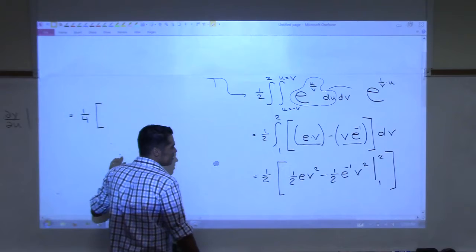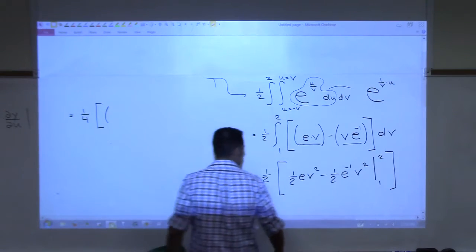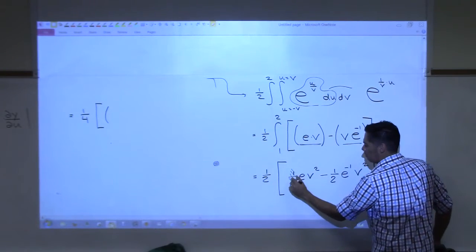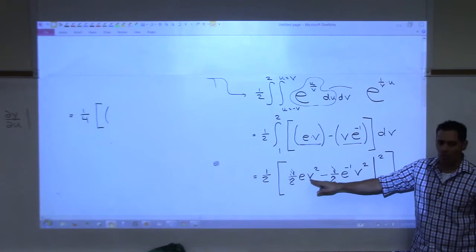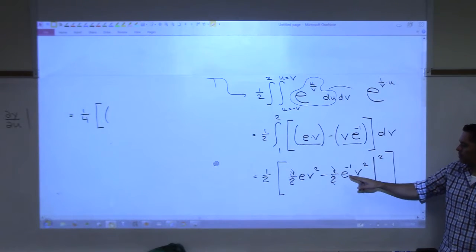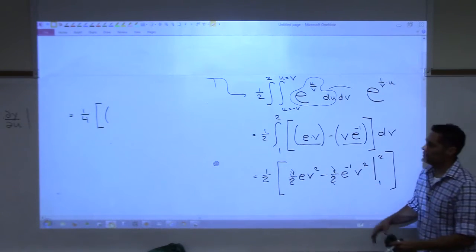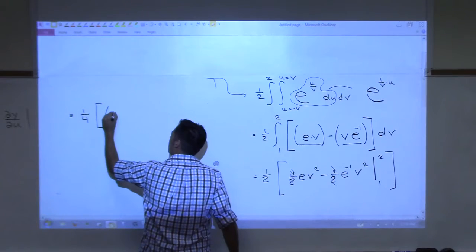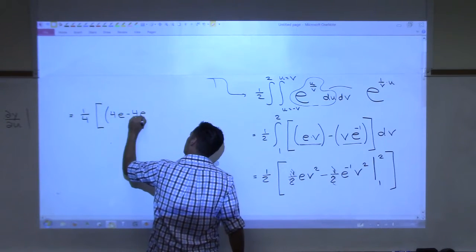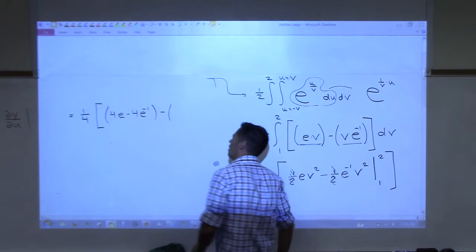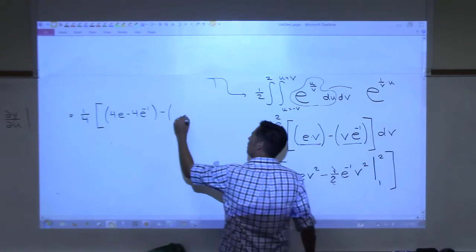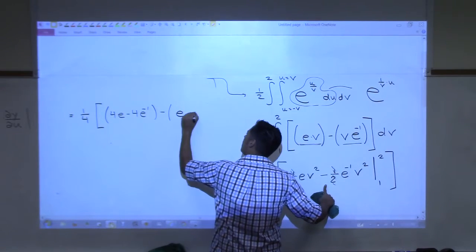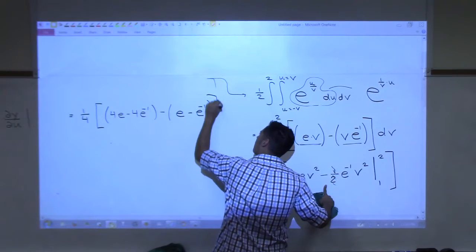Now I still have to plug some stuff in here. So the 1/2's gone. If I plug in 2 here for v, I get 4e minus 4e to the negative 1, and then minus, now when I plug in 1, I get e minus e to the negative 1, like that.